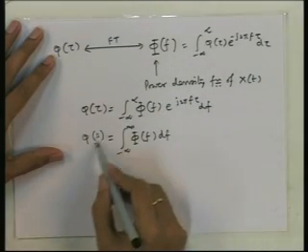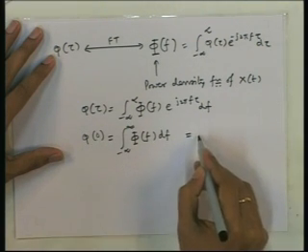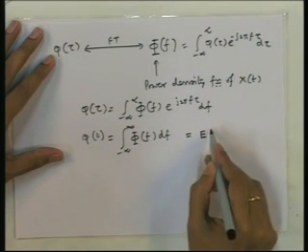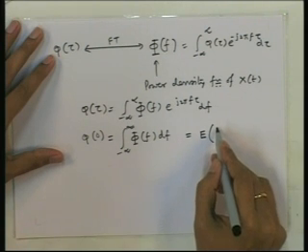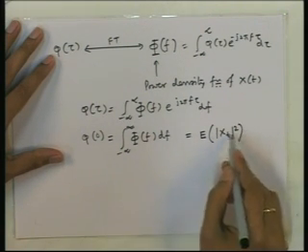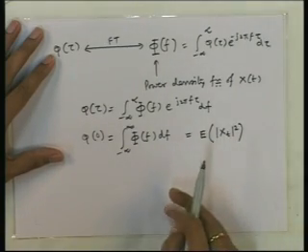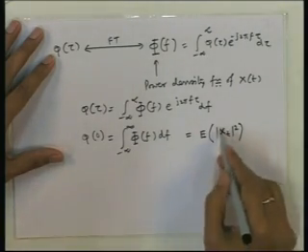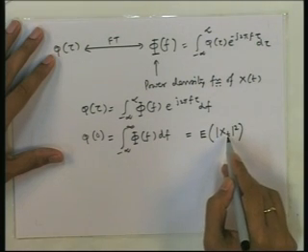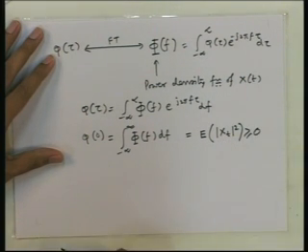But what is this? By definition, this is nothing but the expectation of mod xt square. If it is real, then mod is not necessary. If it is complex, then it is xt times xt conjugate, so it will give you mod xt square. And this is nothing but the energy of the signal at t, the average power in xt. This is always greater than or equal to 0.